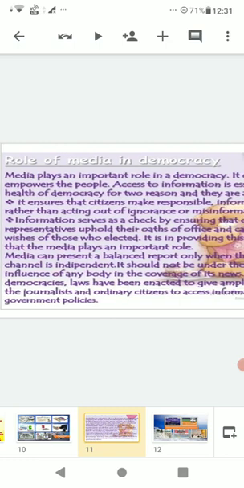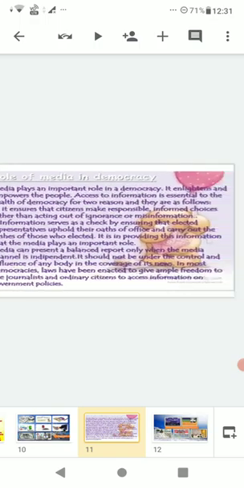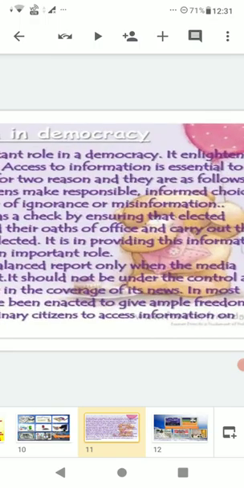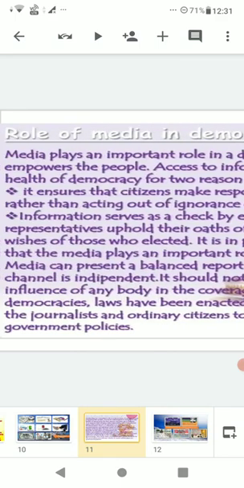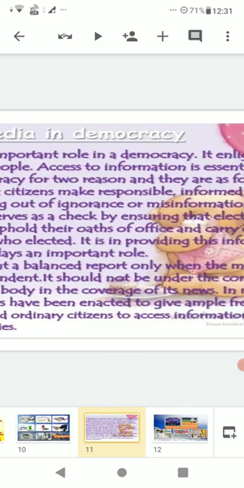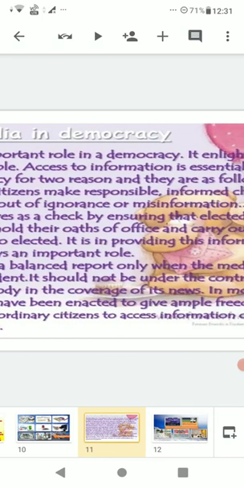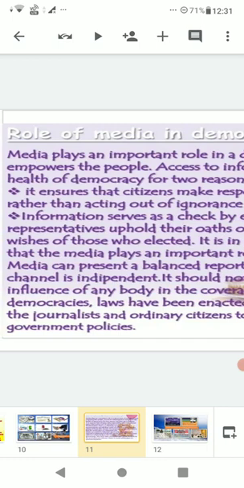First, it ensures that citizens make responsible, informed choices rather than acting out of ignorance or misinformation.